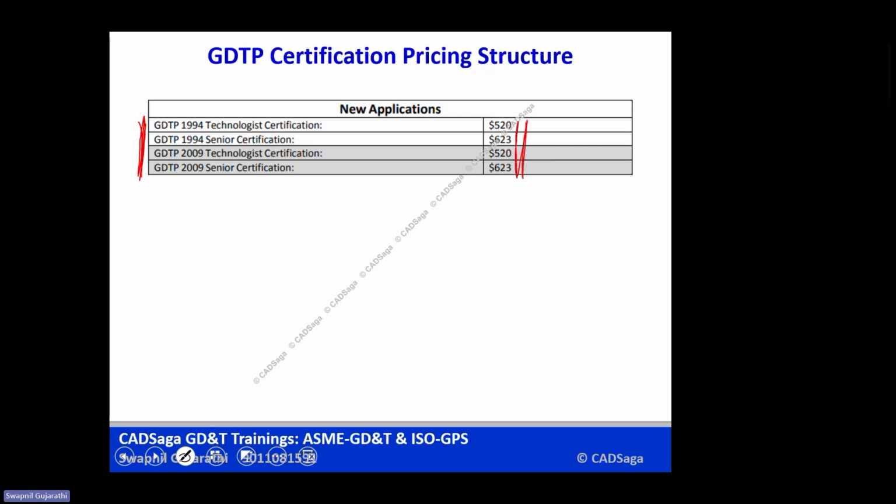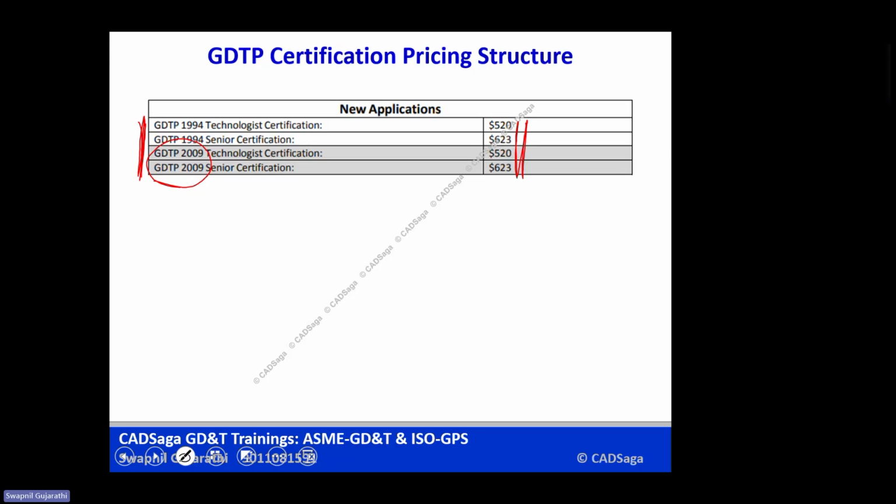And guys, if you are applying now and you want to get this certification, I will recommend go with the 2009 version. Don't go with 1994. 2009 is also outdated because 2018 is the latest, but the exam is not being conducted according to 2018. So you need to just wait. Now my certification lapsed a few months ago. I didn't renew because I am waiting for 2018.